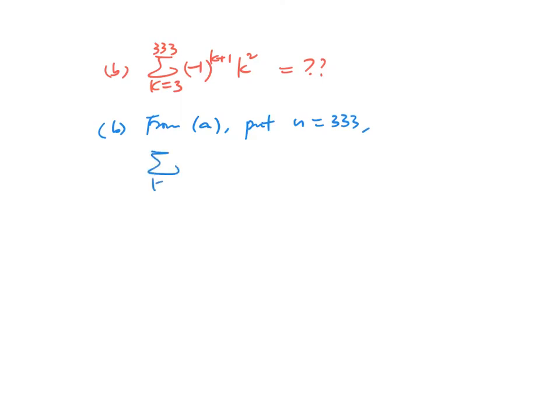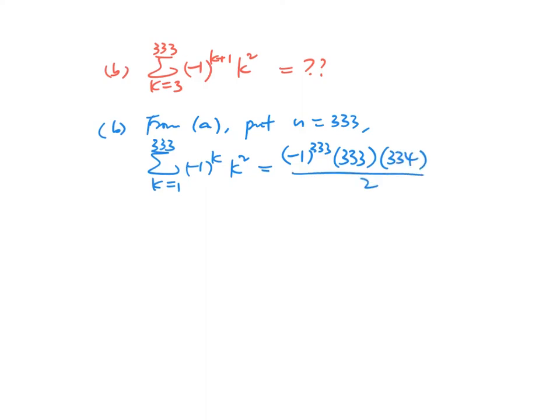As a result, the outcome in part A tells us that if we sum from 1 to 333 of minus 1 to the power k and k squared, it is equal to minus 1 to the power 333, 333 and 333 plus 1, that means 334, over 2. Wow, so many 3's. Next, the right side becomes, from calculator, minus 55611, and so here comes our result.